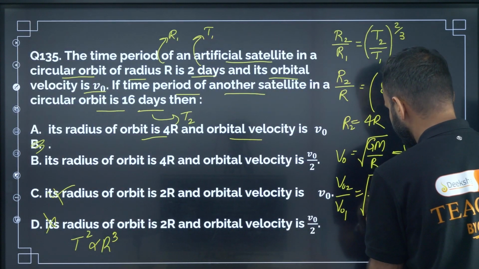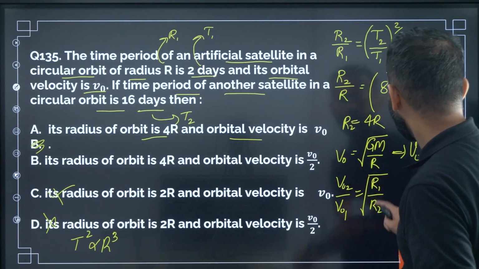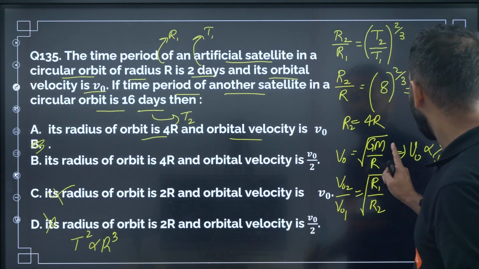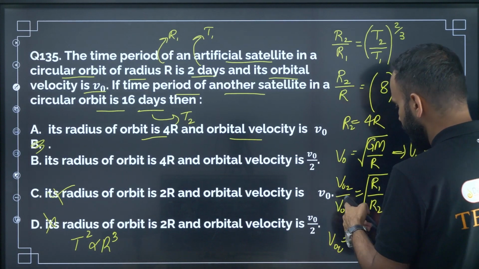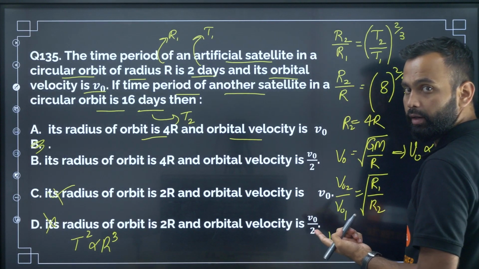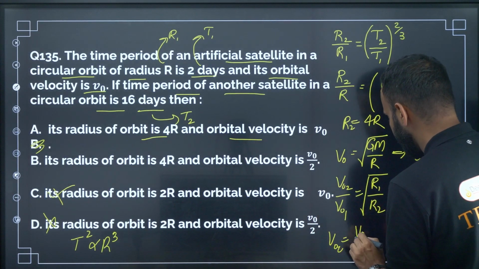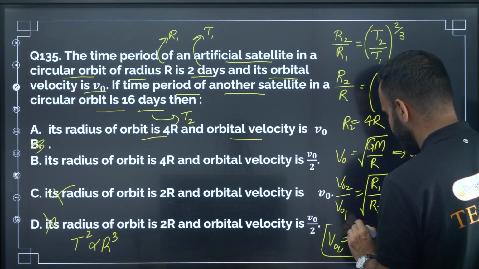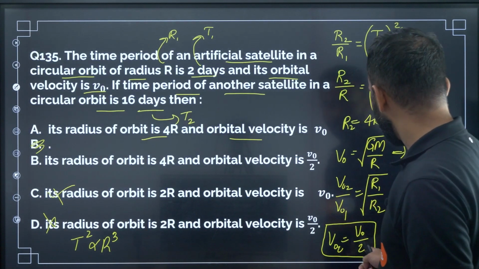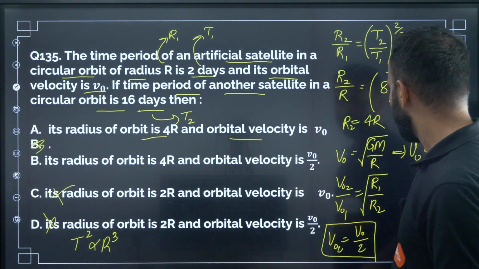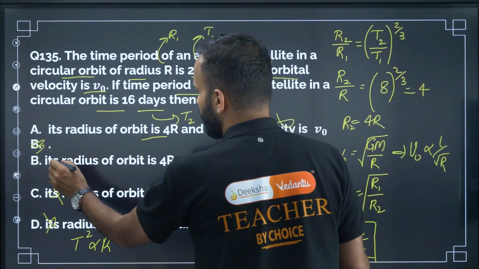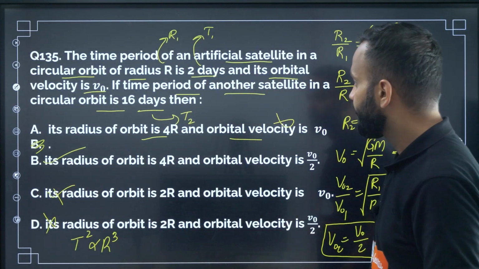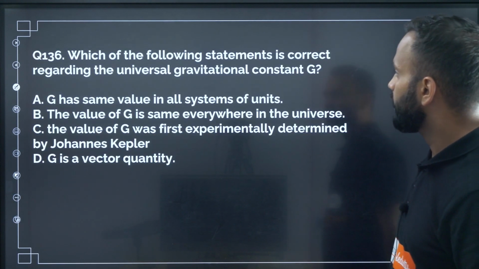R2 is 4r, r1 is r. Now v02 is equal to, v01 is v0, so v0 divided by 2. So orbital velocity of the second satellite is v0 by 2. So first option is wrong, so the correct option is B. Next question, question number 136.